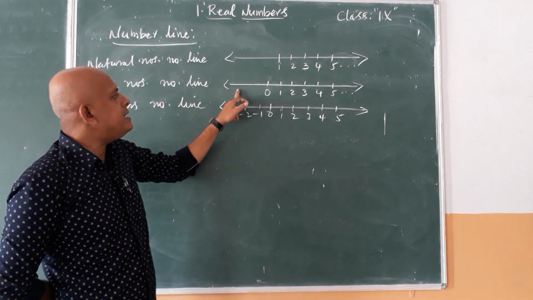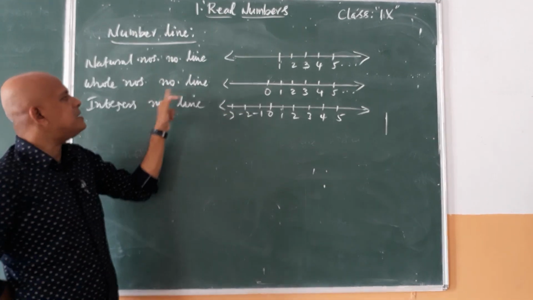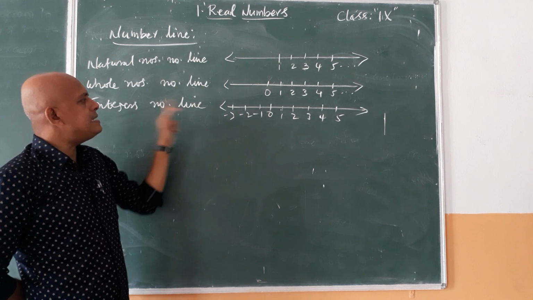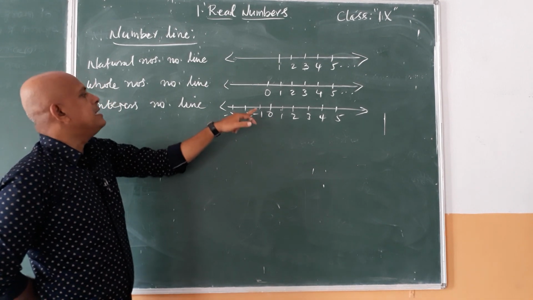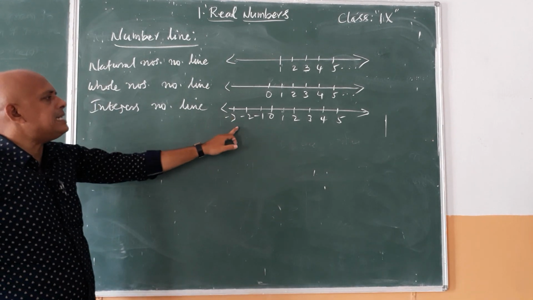Here on this line there are only whole numbers, so it is called the whole numbers number line. And this number line is called the integers number line, because on this line there are only integers.